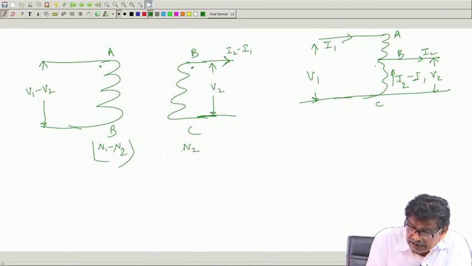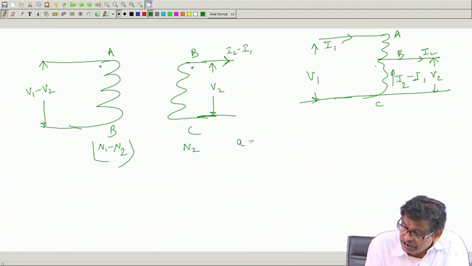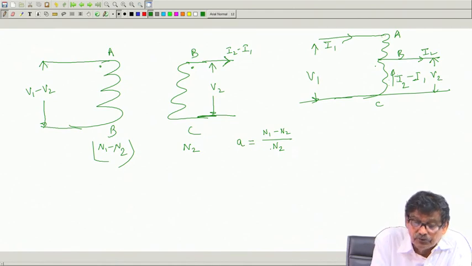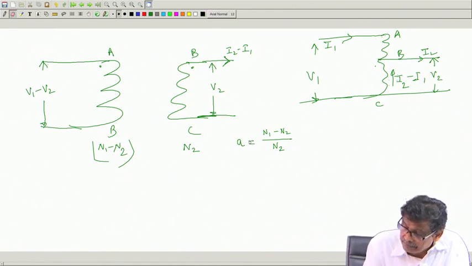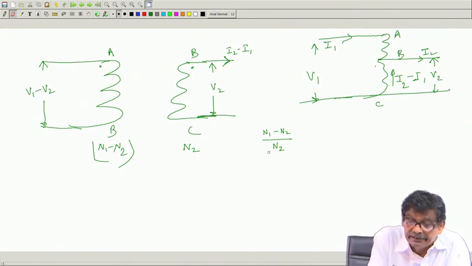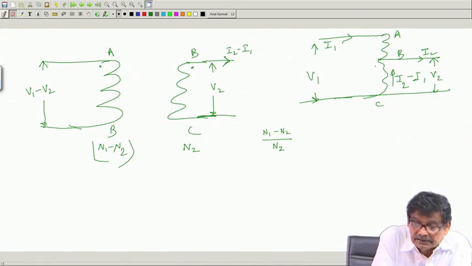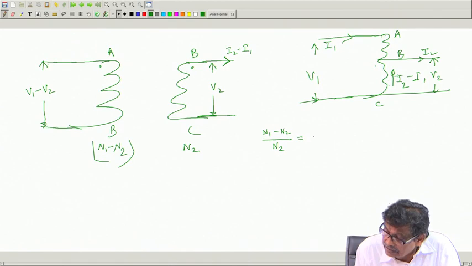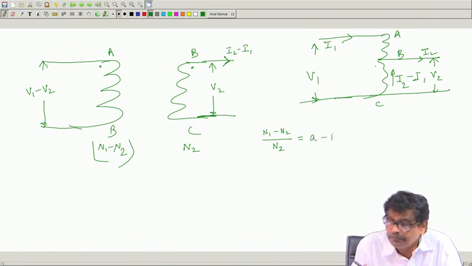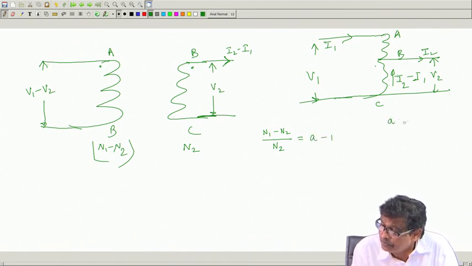I will say that this is a transformer whose turns ratio is N1 minus N2 by N2, and this one is equal to then a minus 1, because I have defined a to be N1 by N2.